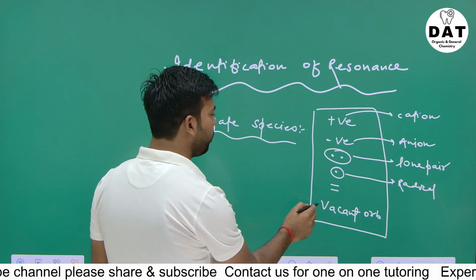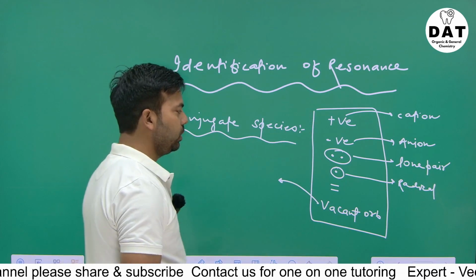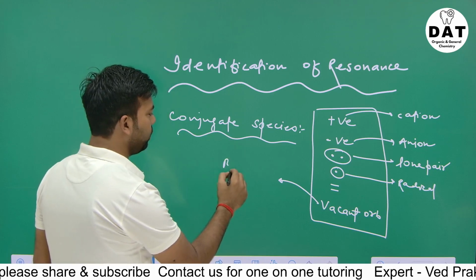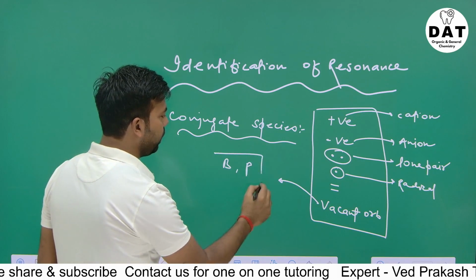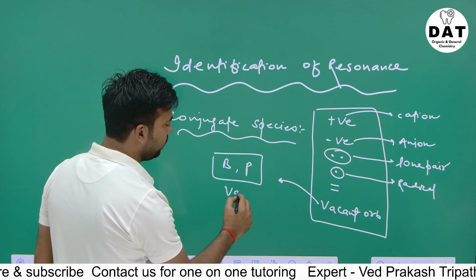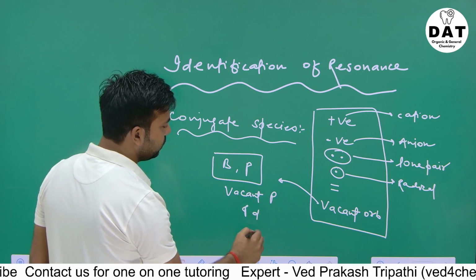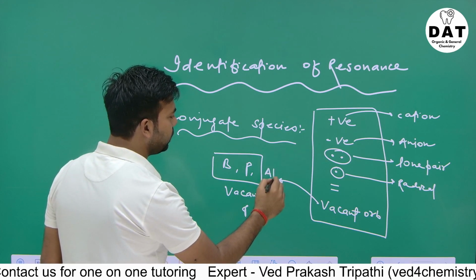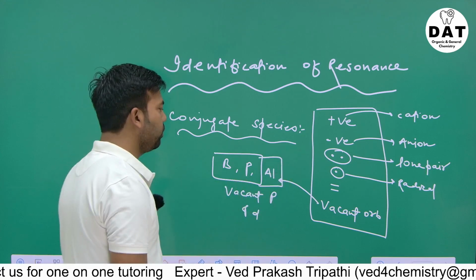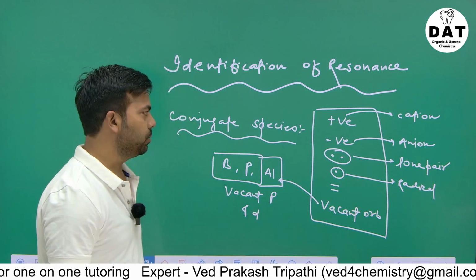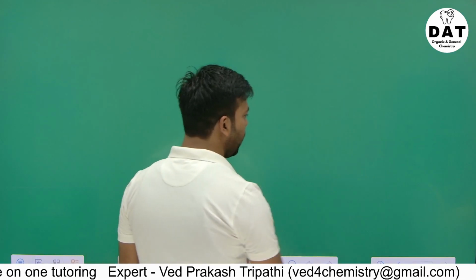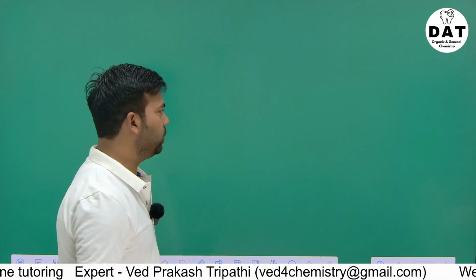And the vacant orbital, this is vacant orbital like boron, phosphorus, and we have to consider only vacant P and D. Aluminium as well. These three are very important, okay? Boron, phosphorus and aluminium.